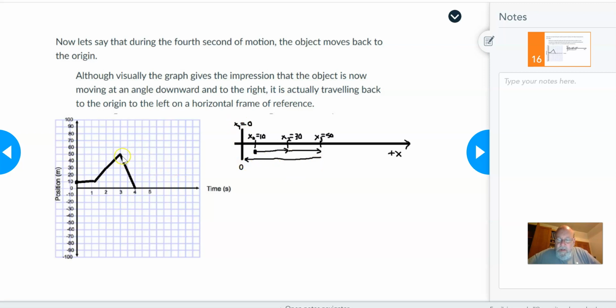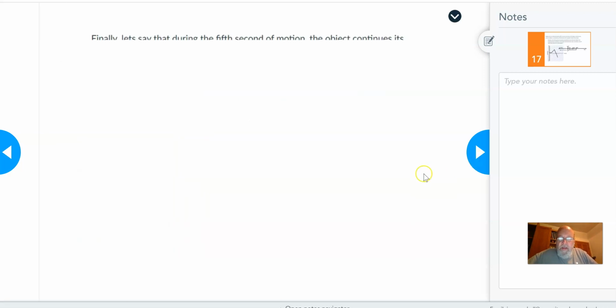So this is showing the fact that I traveled from a position of 50 meters to a position of 0, back to the origin at a constant velocity. The fact that it's a straight line means that it's a constant velocity. But the graph gives us the impression now that the object is moving at an angle downward and to the right. It's actually just traveling back to the origin to the left on the horizontal frame of reference. Okay, let's go to the next slide.